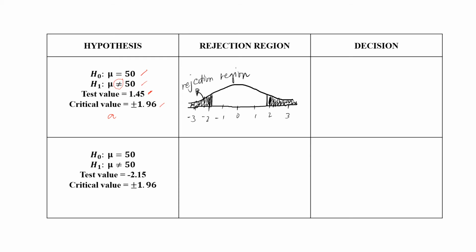Okay, so next, i-plot na ngayon si ating test value na 1.45. So, si positive 1.45, naglalay yan sa pagitan ni positive 1 then positive 2. Okay, so assume natin na nandito siya ngayon. So, since dito naglay yung ating test value, hindi dito sa ating shaded part, meaning hindi natin i-reject yung ating null hypothesis.